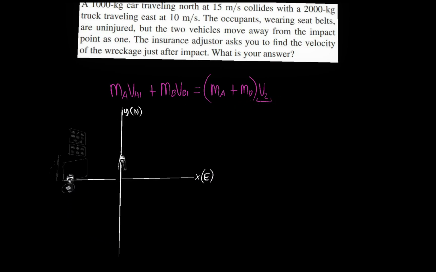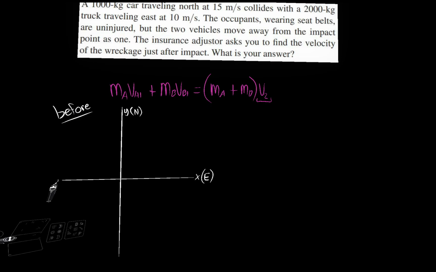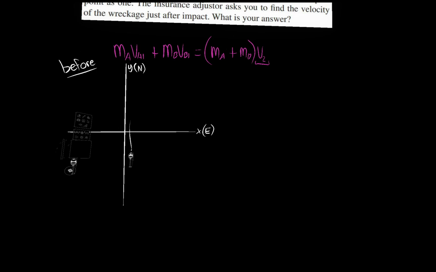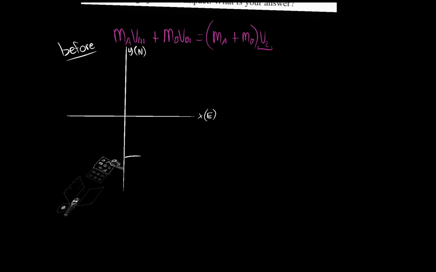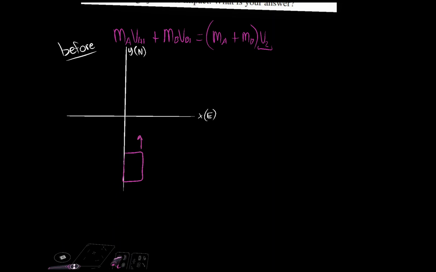So if this is the before, the car is traveling north, so the car I'm going to put here, and I'll do it in color. Do pink car, and it's traveling north, and it has a mass, so m_C.